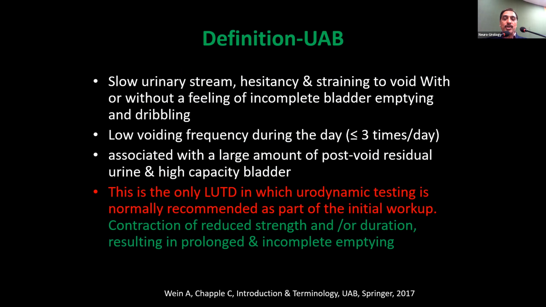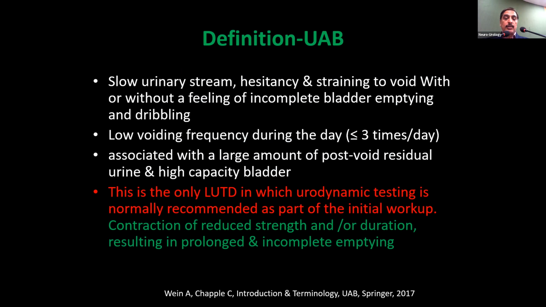It's a slow urinary stream, hesitancy and straining to void, with or without feeling of incomplete bladder emptying and dribbling. It is further characterized by low voiding frequency during the day, which is equal to or less than 3 times per day, and associated with a large amount of post-void residual urine and a high capacity bladder in sonography.